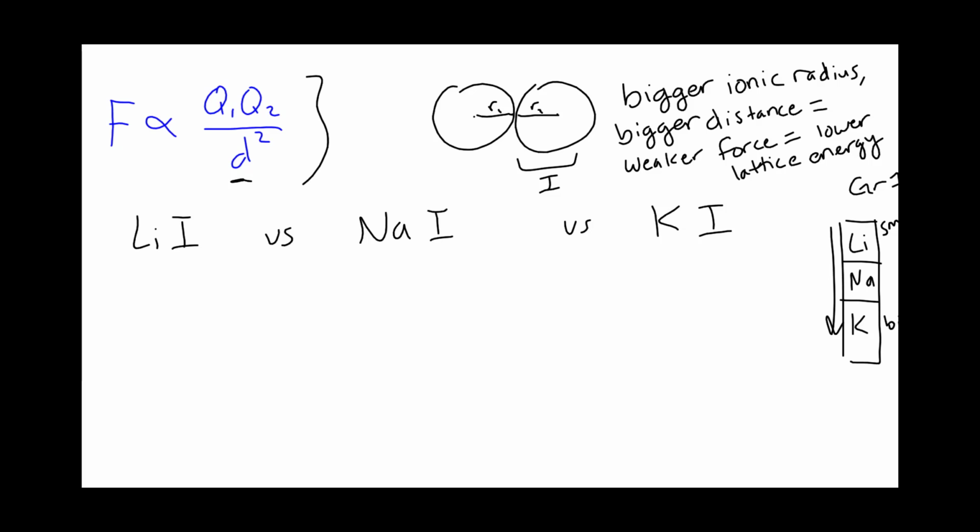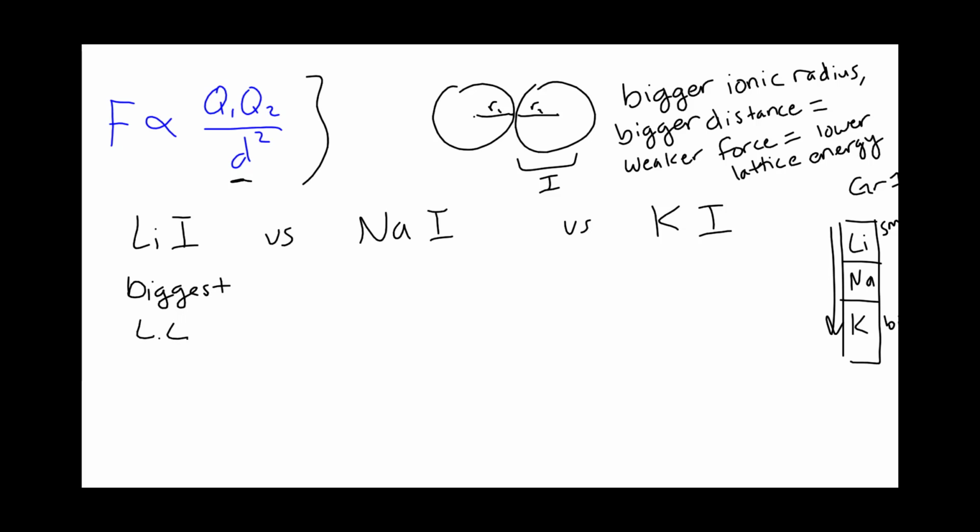We all feel like we've got an idea in our minds? So which one do we think is the biggest lattice energy? Lithium, good. Lithium, because it is the smallest radius, which means its distance is the smallest, so the magnets are the closest together, strongest force, biggest lattice energy. So lithium iodide would have the biggest lattice energy.